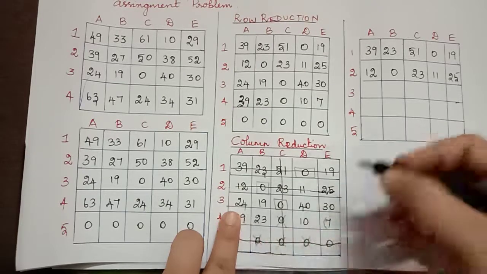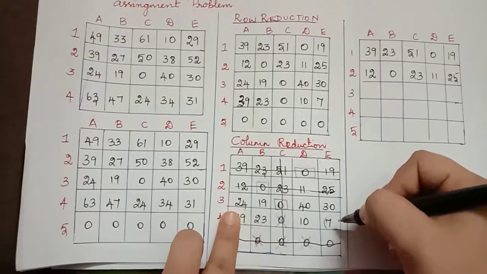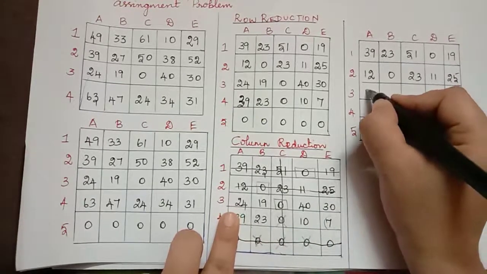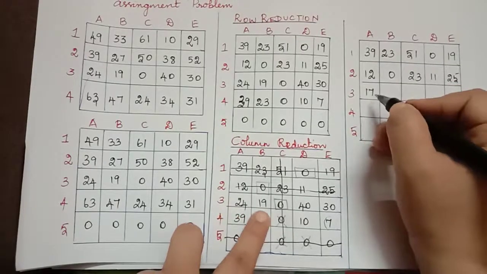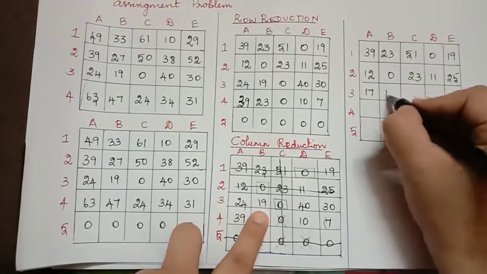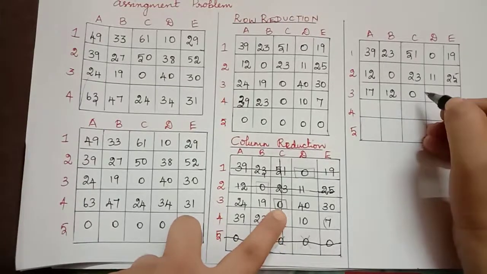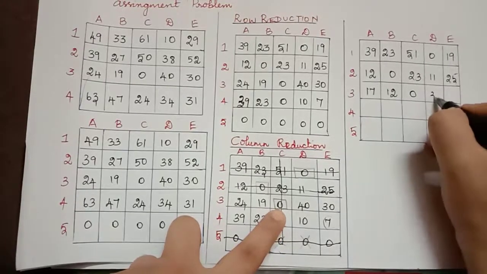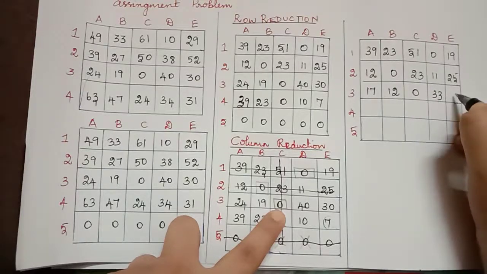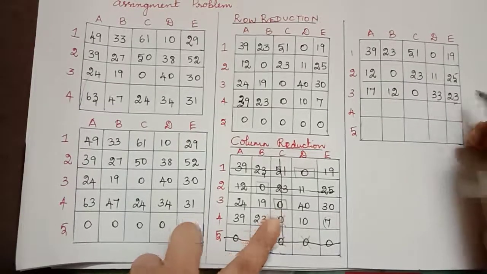So 24 minus 7 will give you 17. Similarly, 19 minus 7 will give you 12, and this is a covered element, so it is 0. And then 40 minus 7 is 33, and 30 minus 7 is 23.